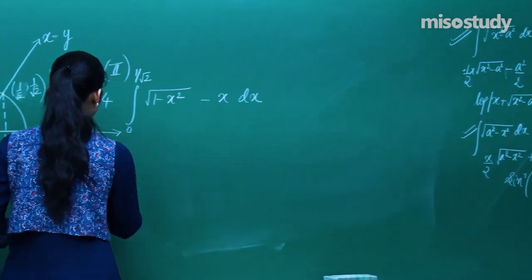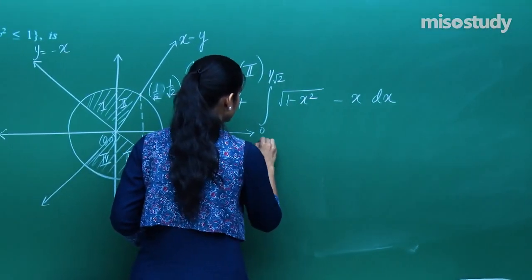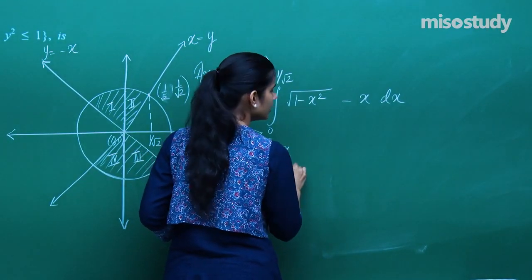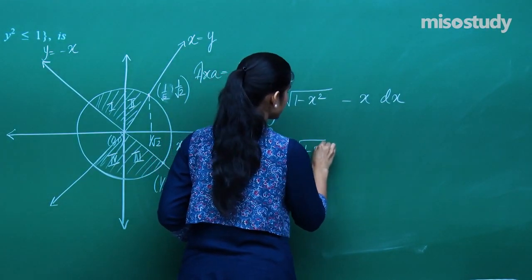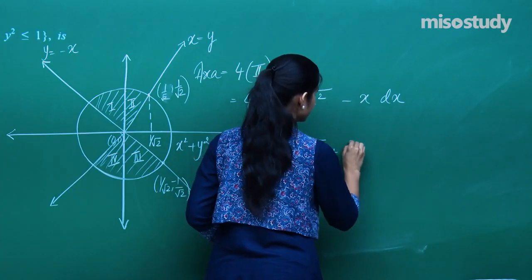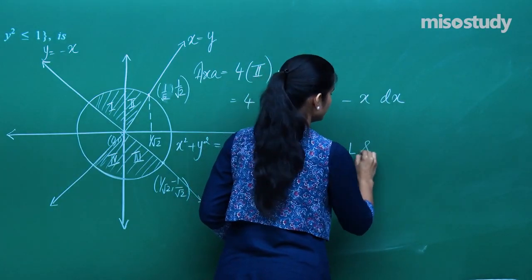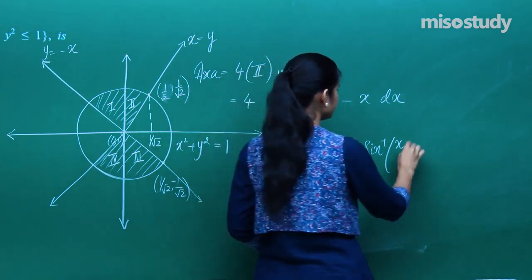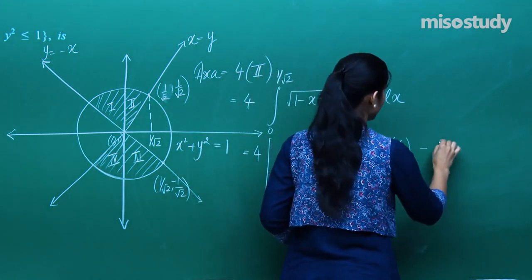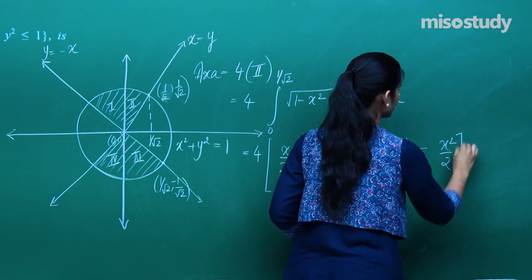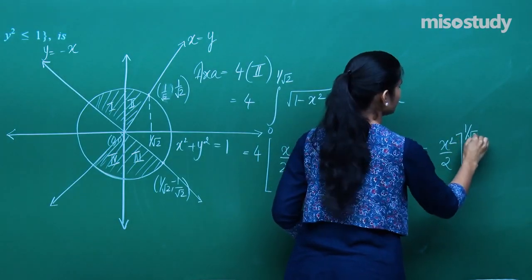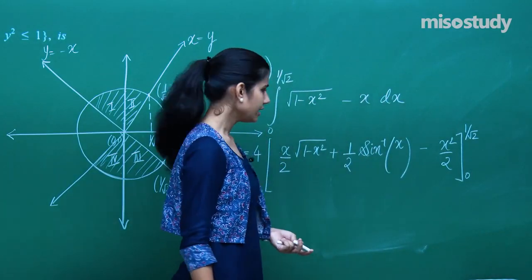So here you already have a 4. Inside it becomes x by 2 under root a square minus x square plus a square by 2 sin inverse x upon 1, then minus x square by 2, integration from 0 to 1 by root 2. Okay?